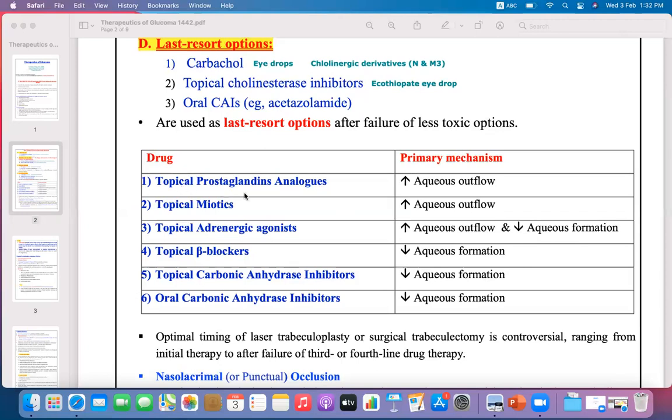Topical prostaglandin analogs increase the aqueous outflow. Topical miotics increase the aqueous outflow. Topical adrenergic agonists increase the aqueous outflow and decrease the aqueous formation. Topical beta blockers decrease the aqueous formation. Topical carbonic anhydrase inhibitors decrease the aqueous formation, and oral carbonic anhydrase inhibitors also decrease the aqueous formation. So there are only two main primary mechanisms by which the drugs act.